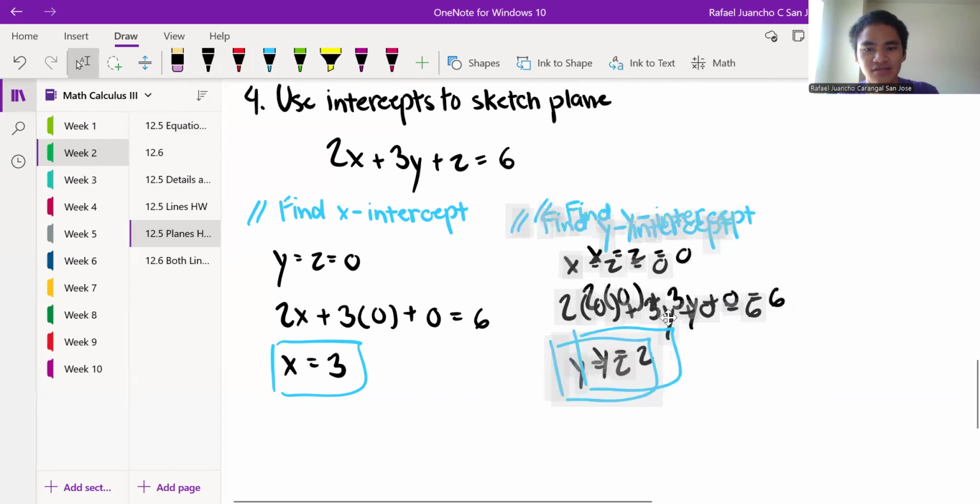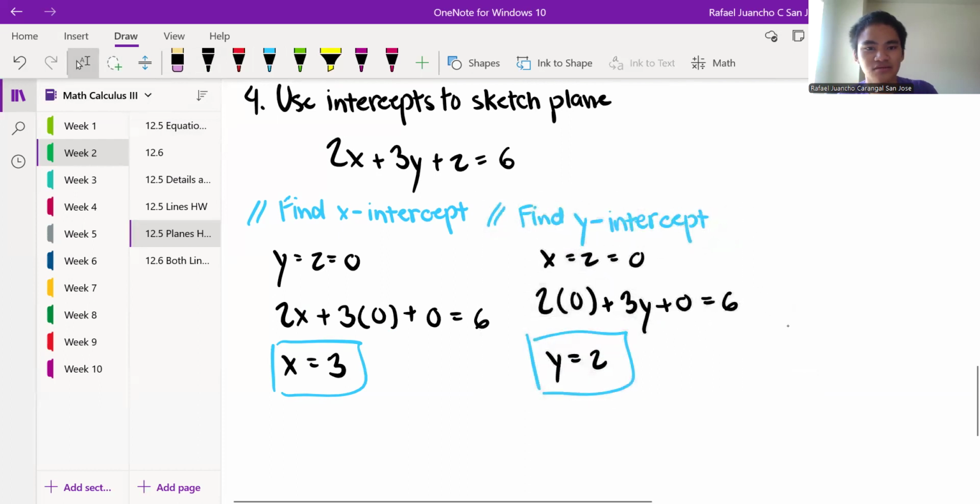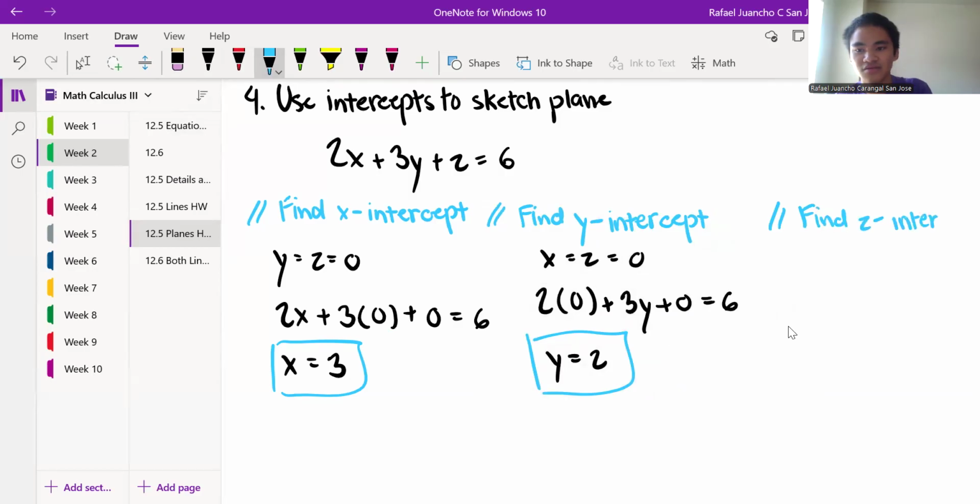And can I find z? Let's try and find it here. Find the z-intercept. So what is that? Well, that means x and y are 0.